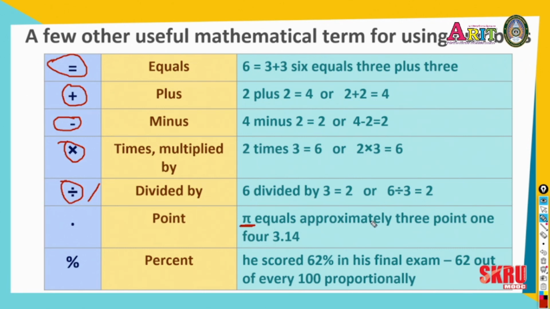Pi equals approximately, around about, 3.14. It's an irrational number, so it goes on and on forever, but around, close enough to. And finally, percent. The percentage symbol is the ratio, an amount out of 100. He scored 62% in his final exam. 62 out of every 100, proportionally.